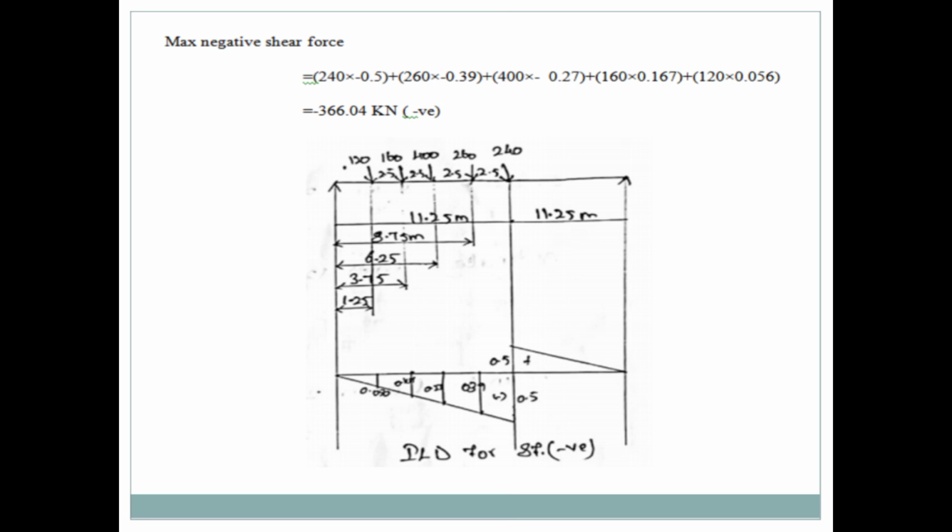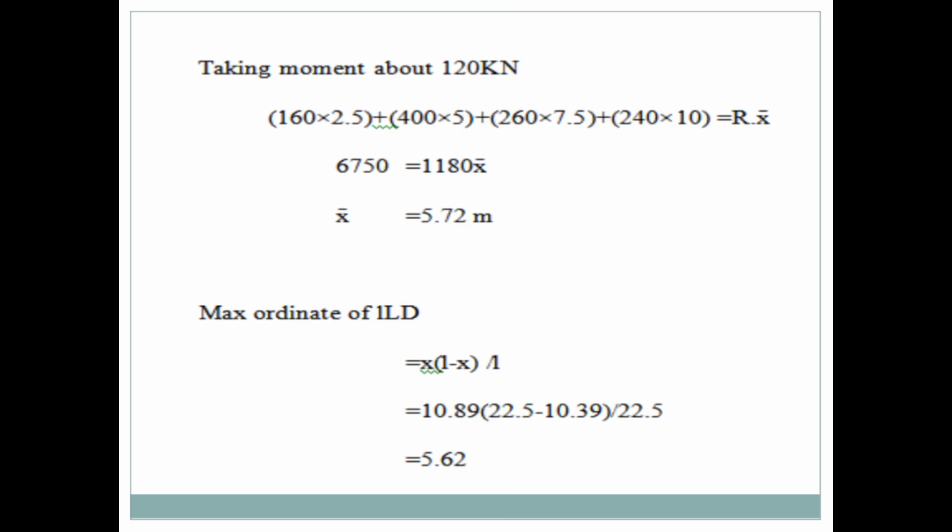It is negative. So this is the simply supported beam with the influence line for negative shear force. The top value is positive and the bottom values are negative. This is the maximum negative shear force.